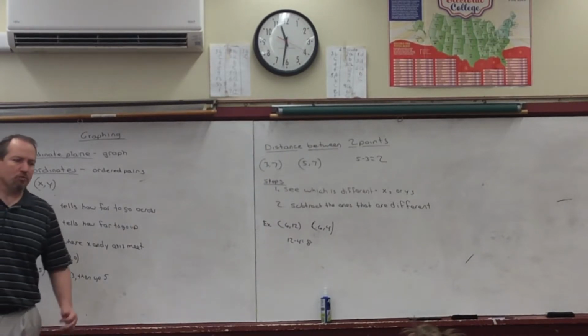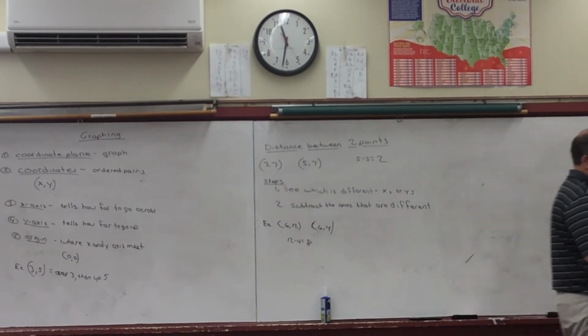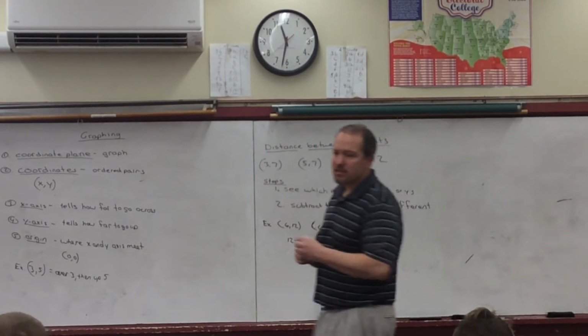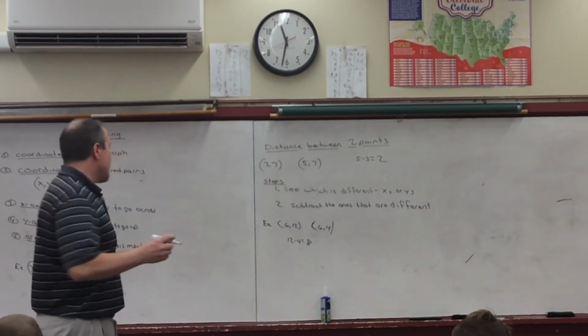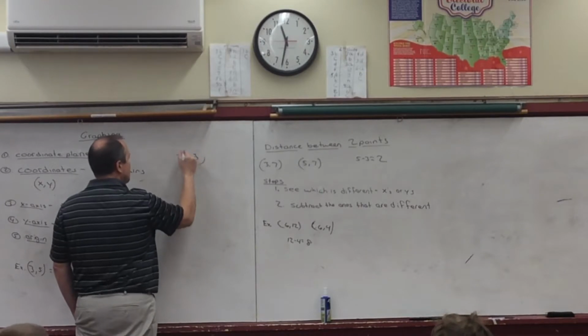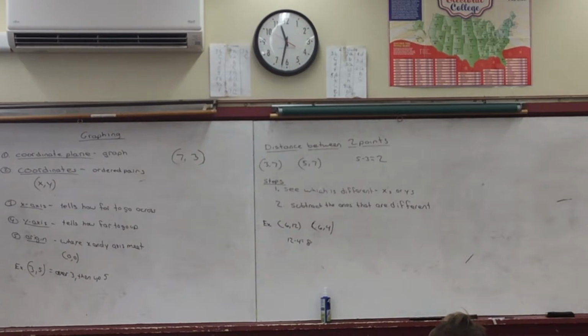Okay, get out your boards real quick. If I give you the ordered pair 7, 3, tell me how to get to 7, 3. Write it down.